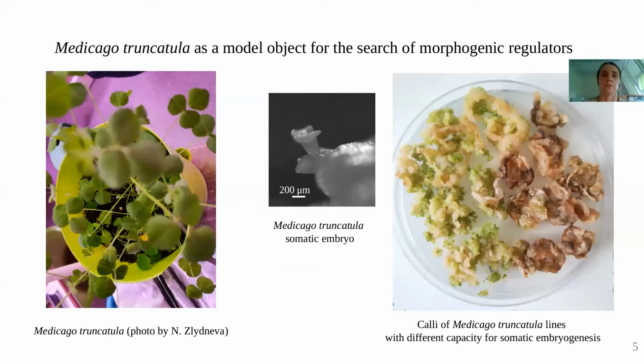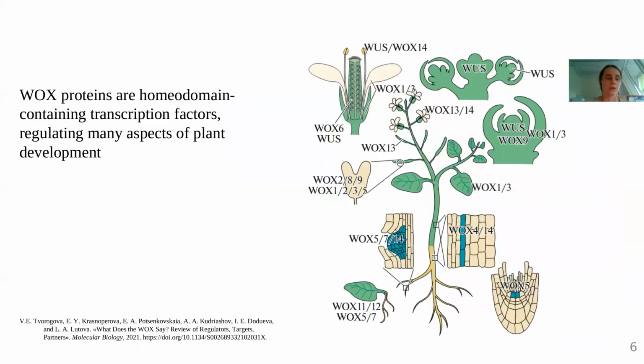Medicago truncatula is a model legume, and it has different lines which have very different capacity for somatic embryogenesis. It can be useful for the search for somatic embryogenesis regulators. We started our search from the VOX family.